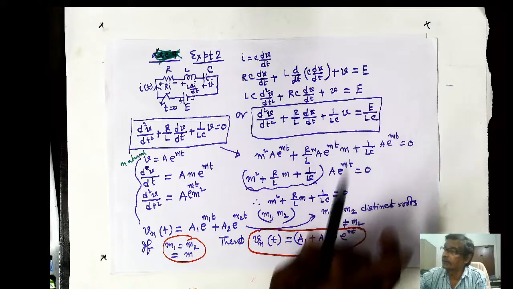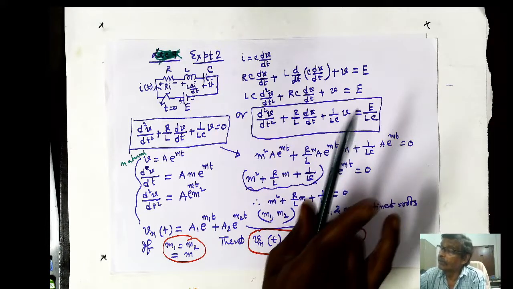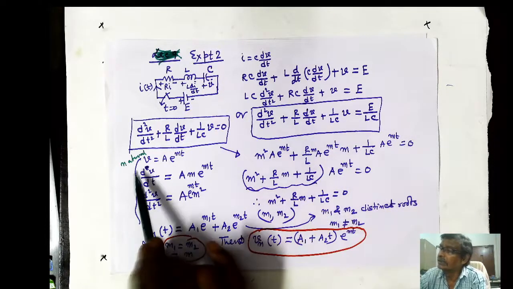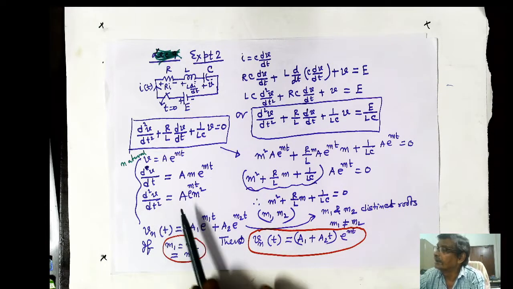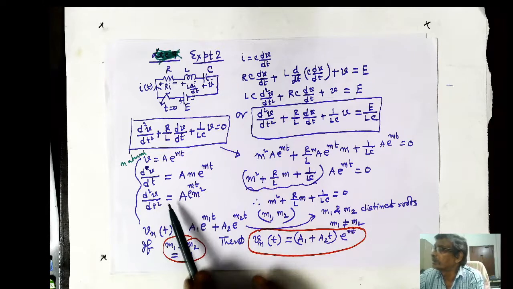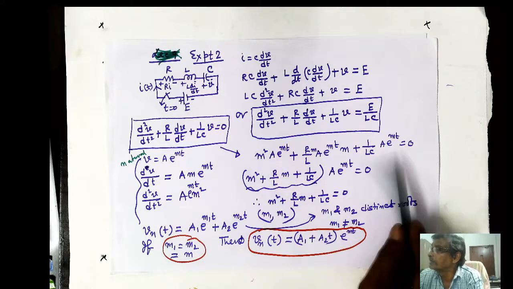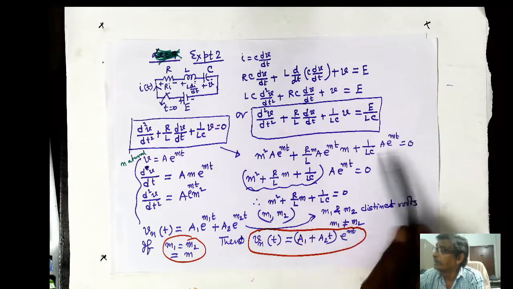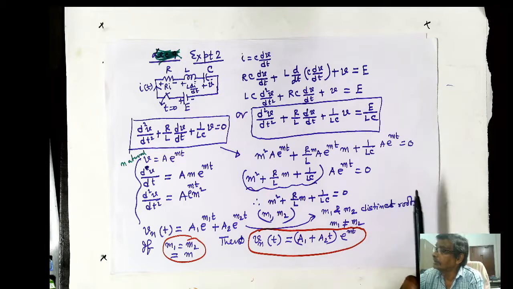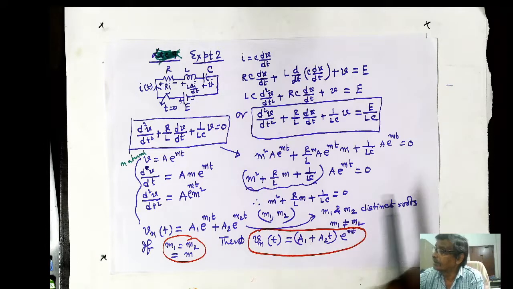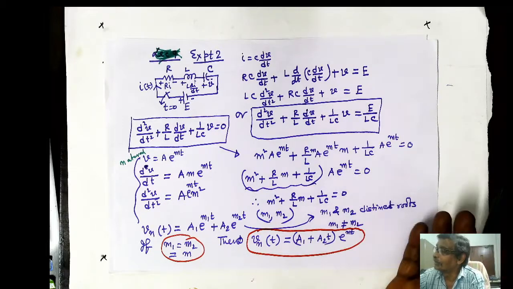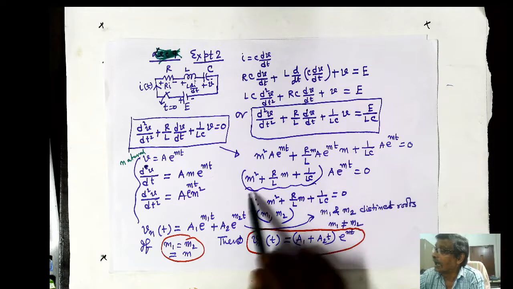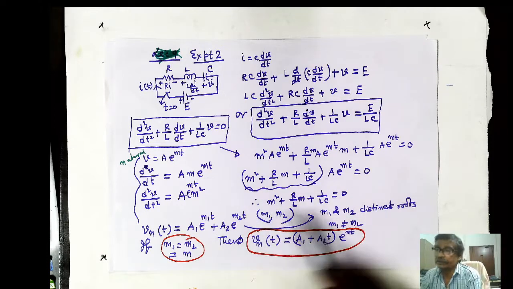That is the important point. If you assume this, then dv/dt will be this, d2v/dt2 will be this, and for the natural response the right hand side is 0, so this must satisfy the equation. This cannot be 0, because if it is 0 there is no natural response.